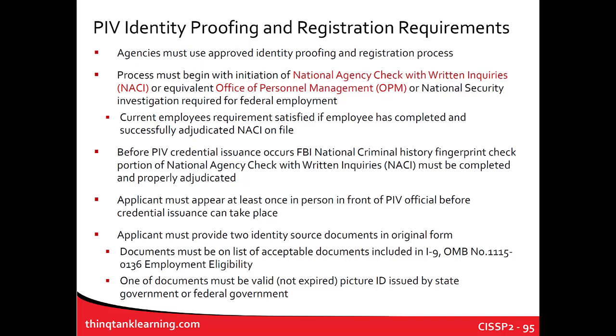There's no remote onboarding, in other words. I could do document verification. You have to have original source documents. They mentioned I-9 or OMB number 1115-0136 here, but you don't need to know that for the test. But one ID must be valid, unexpired, and issued by a state or federal government.